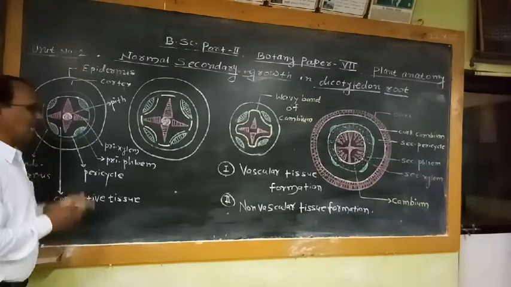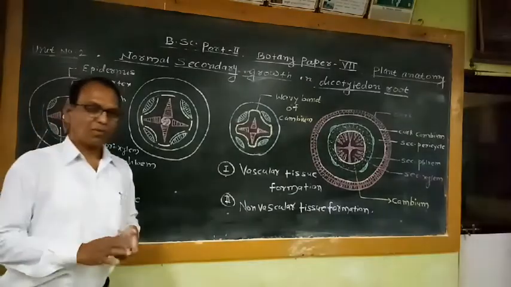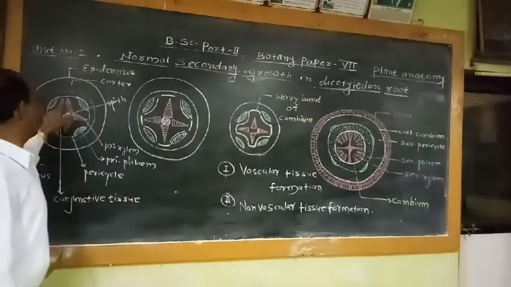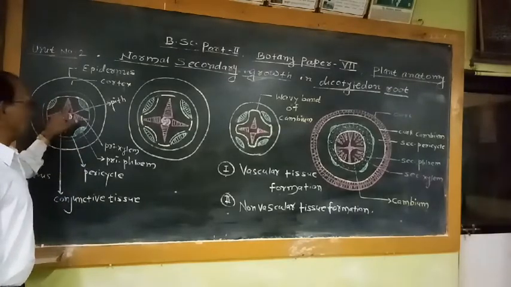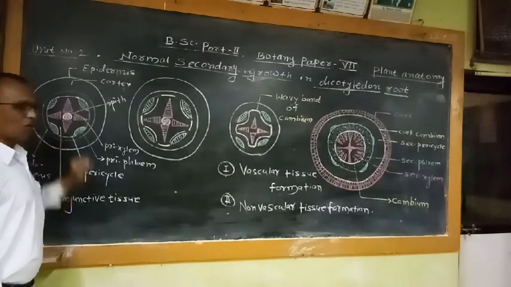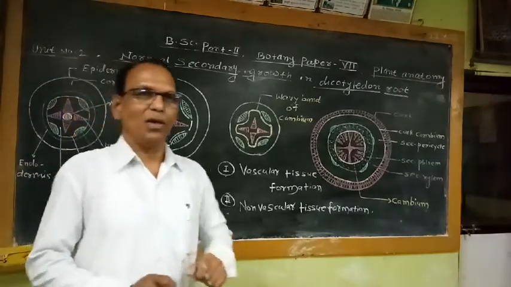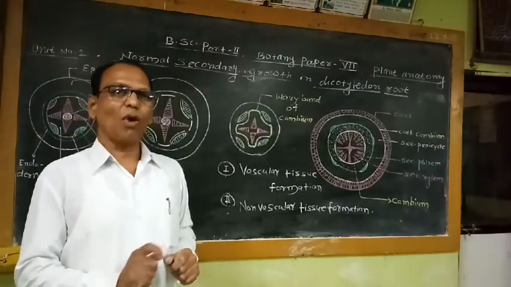So in dicot as well as monocot, in all roots, xylem and phloem are lying on different radii. That means xylem lies on one radius, phloem lies on another radius. So this arrangement of xylem and phloem bundles is commonly known as radial.